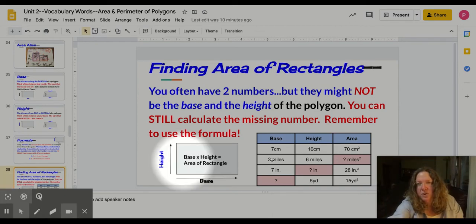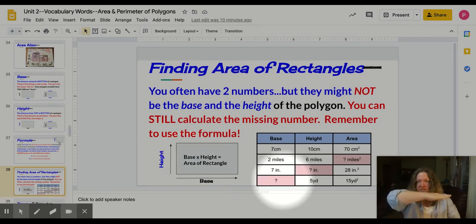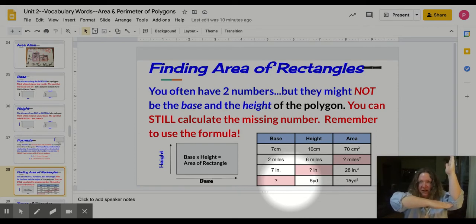All right. What about if we don't know what the base is? It's some distance. We don't know what it is. We know the height is 5 yards. We know inside this covering is 15 yards. How can we figure out what the base is? This is a mystery.